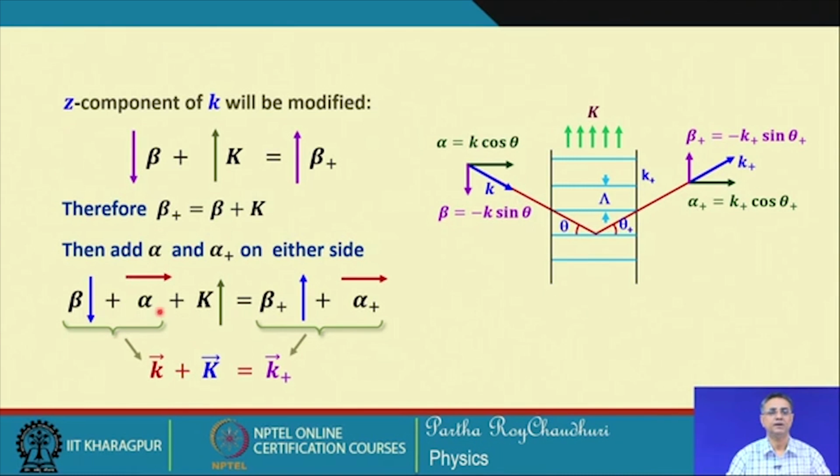So, that is what we are writing here, k vector plus this capital K, which is the vector due to the acoustic wave, is going to modify this into this k plus. So, you have added k plus alpha plus beta plus, which represents these two vectors. So, this is the resultant: k plus, beta plus alpha plus will be equal to k plus, that is what is written here, and beta plus alpha will give you k, which is the resultant of this.